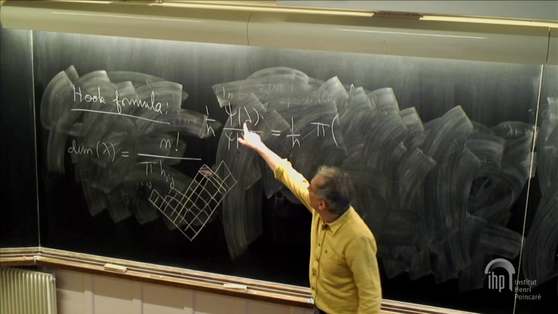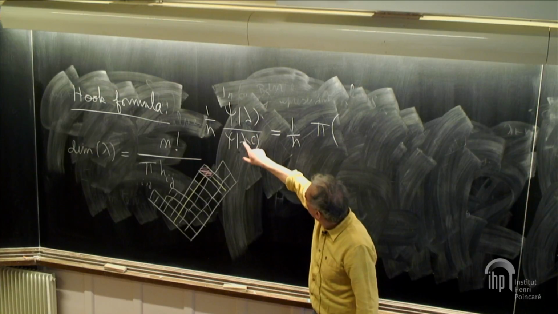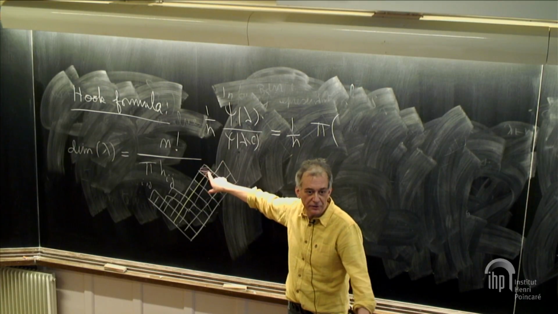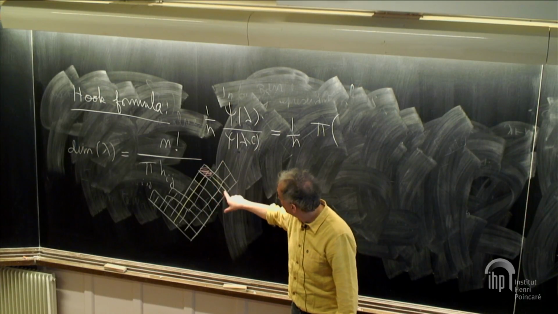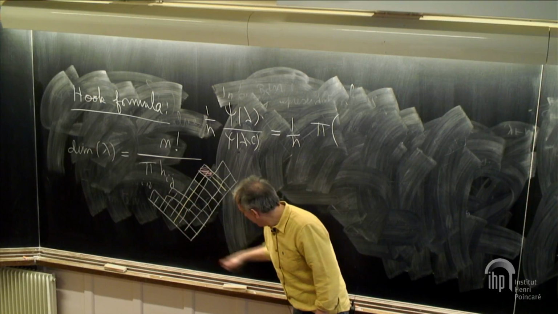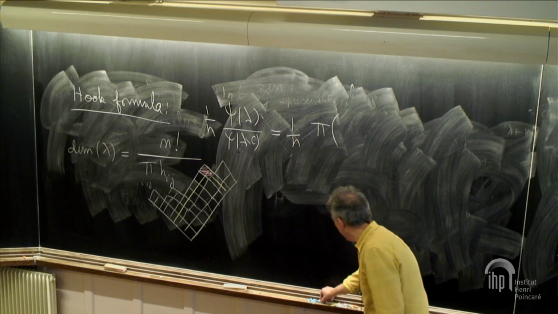Say on the top here on the numerator, I will get a 1 here that I can forget about, and I will get numbers here. So what are the differences?